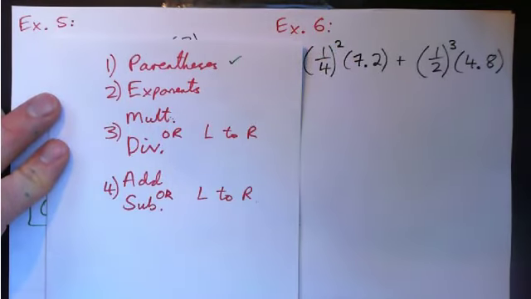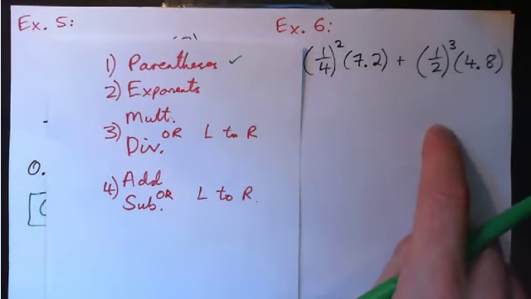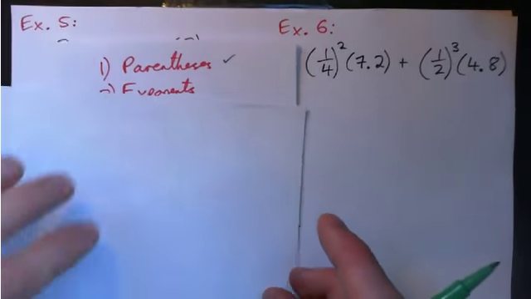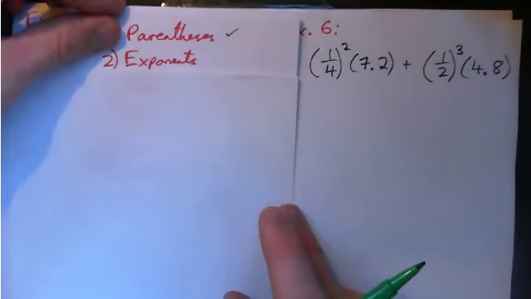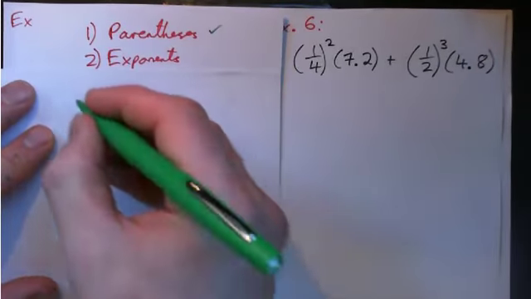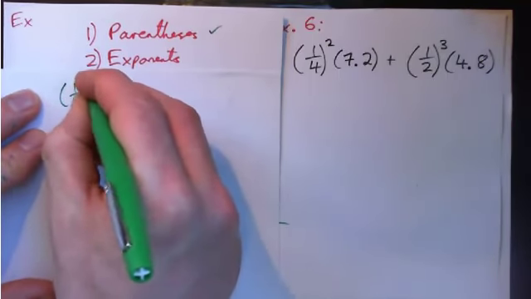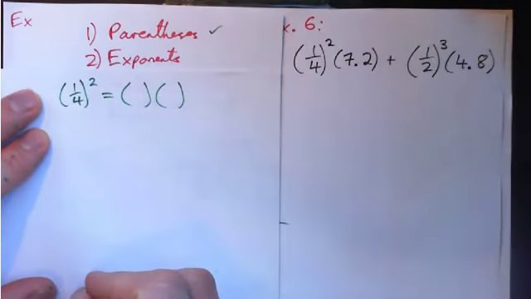Do we have any exponents? We sure do. 1/4 squared and then 1/2 cubed, right? So we've got to do exponents. So let's do that. 1/4 squared. I guess I'll just do it on a side of the page. 1/4 squared is 1/4 times itself.